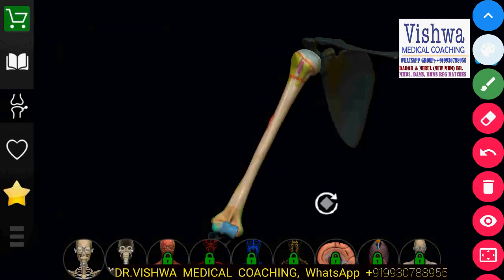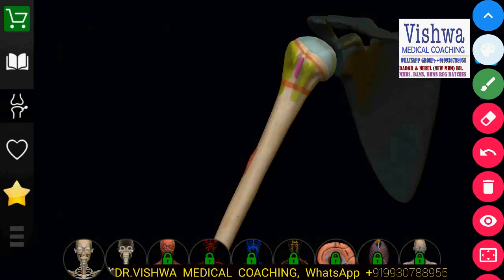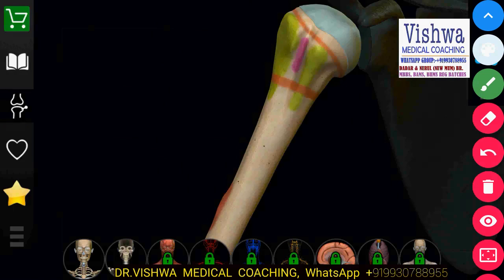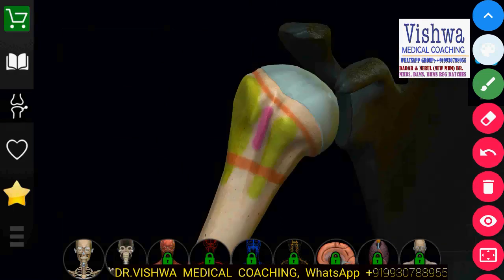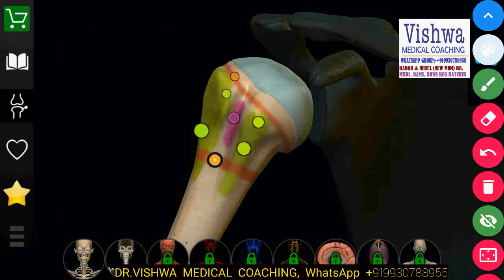If you can see, we have some markings on this. Let me talk about the head. This is the head. It is not a complete circle. The head ends here, so this should be a neck.